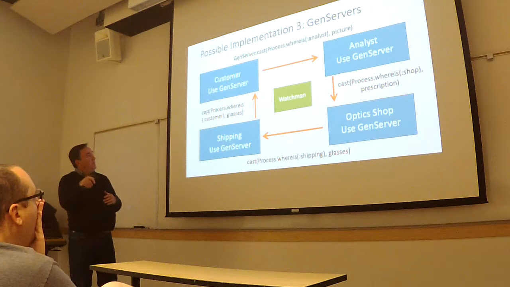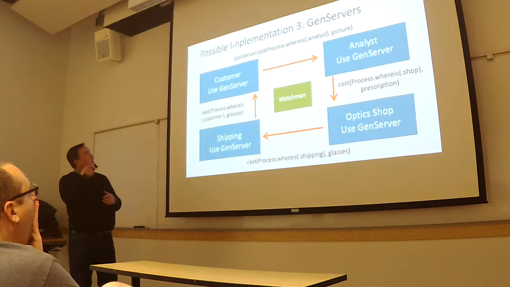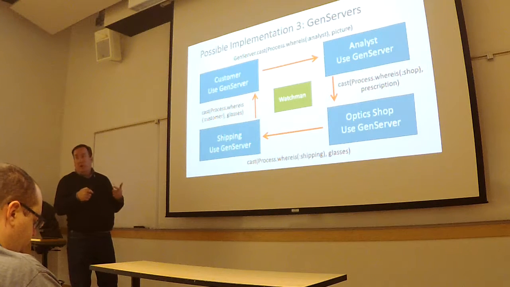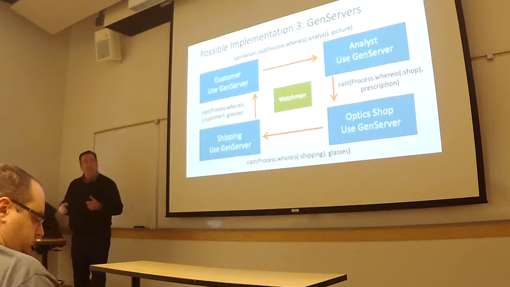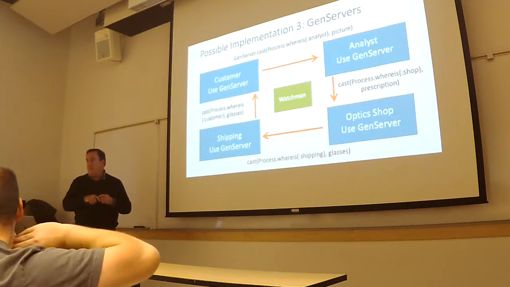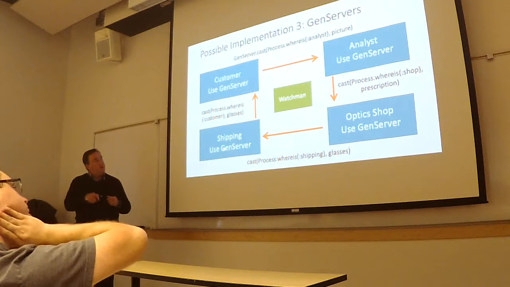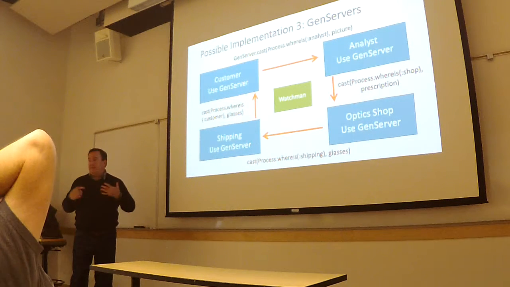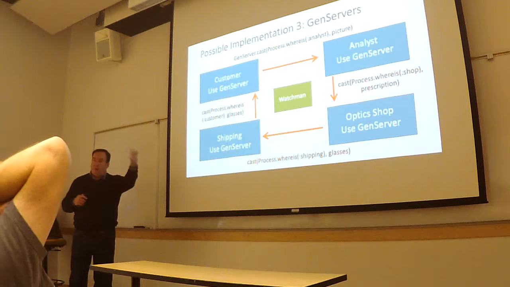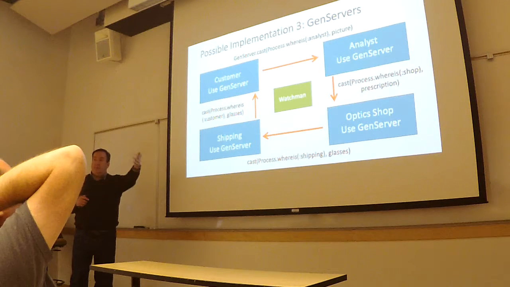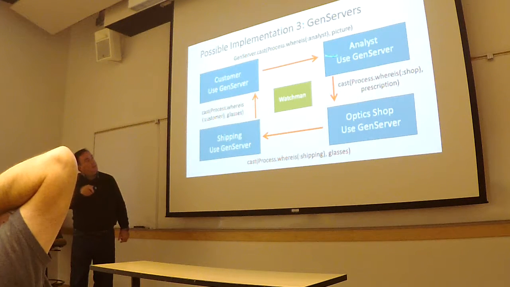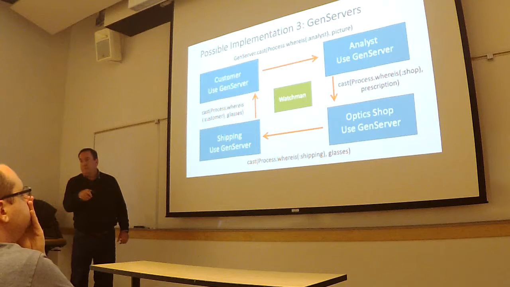Or maybe actually, instead of putting a wall here for sending messages, I put a wall here, an interface where people would call my code, and maybe a server that handles customer requests would start sending these things off. These could all be GenServers. This would be a supervisor. And now, instead of using send to directly send to a process ID or send to a looked up process ID, I'll just use GenServer cast to send a message to a GenServer. Okay.